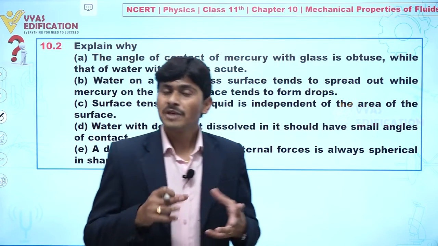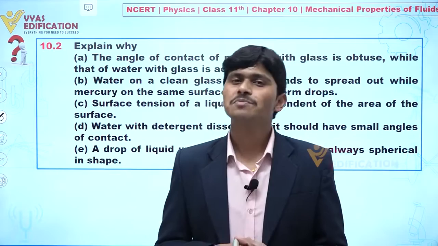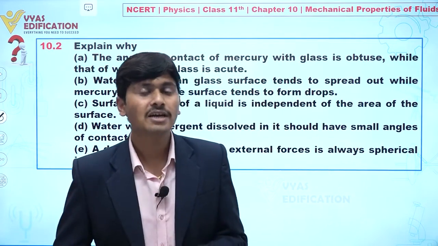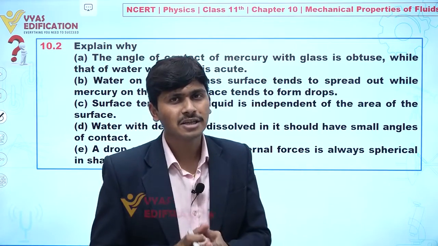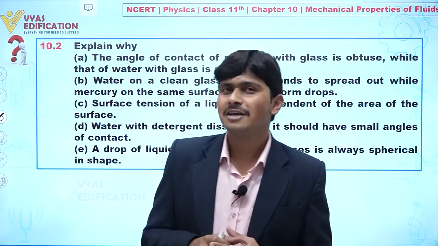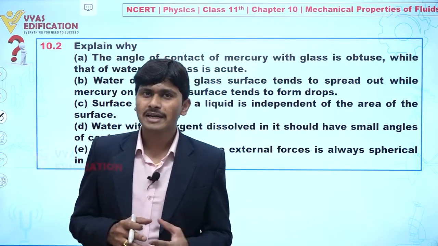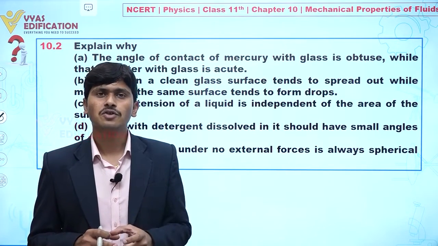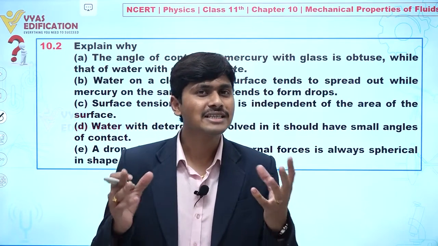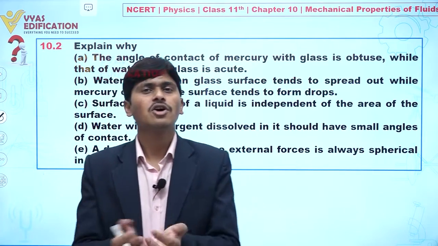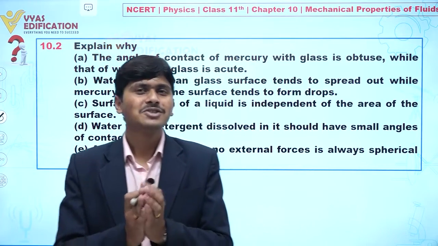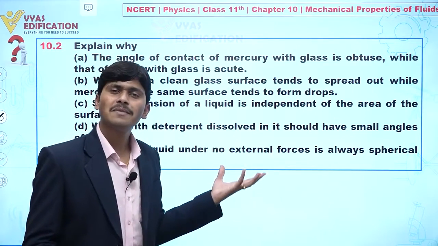So in water and glass, adhesive force is more compared to cohesive force. That's why water will spread out on the glass slab. But what will happen with mercury? Because adhesive force is less compared to cohesive force, mercury molecules always want to form a droplet. So this is the answer of part B.